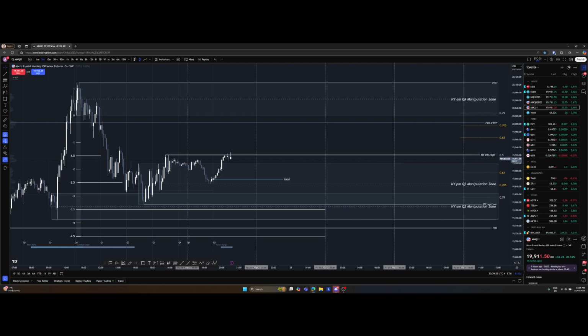A lot of the time Asia will build the puzzle pieces for a better setup in London later on, if that makes sense. There's no consistent strategy that I've been able to find to use every single day in Asia. It just doesn't do what you want.